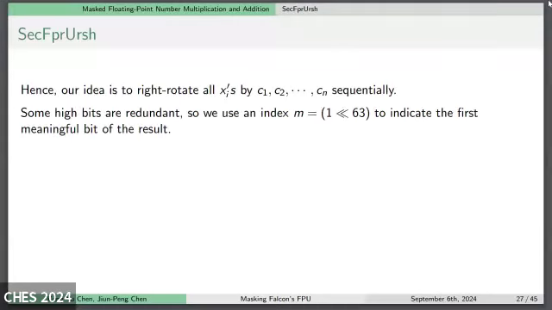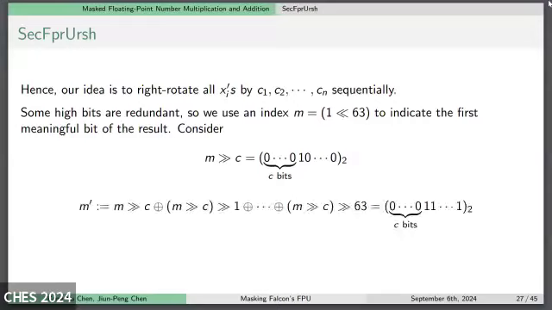Now, some rotated high bits are redundant, so we use an index n, which is equal to a 1 and 63 zeros in expanded representation, to indicate the first meaningful bit of the result. To do so, consider the value m shifted by c bits in expanded representation, which is equal to c zeros, a 1, and the rest of the bits are 0.